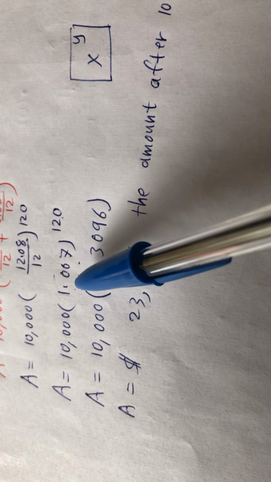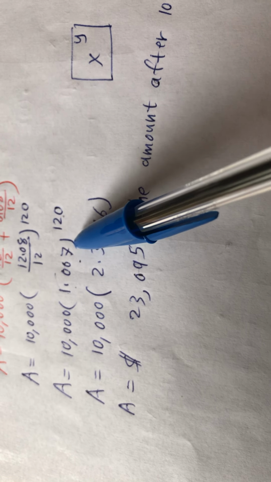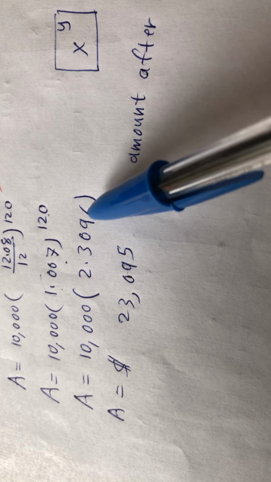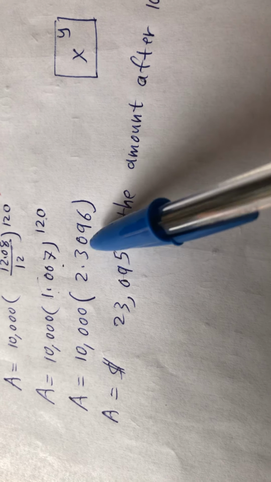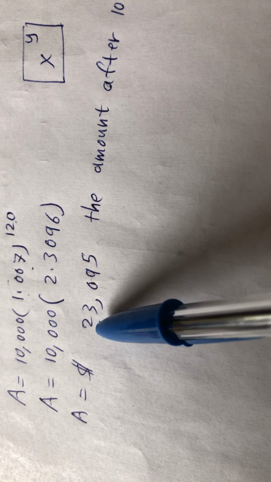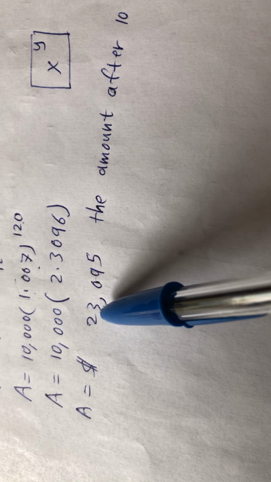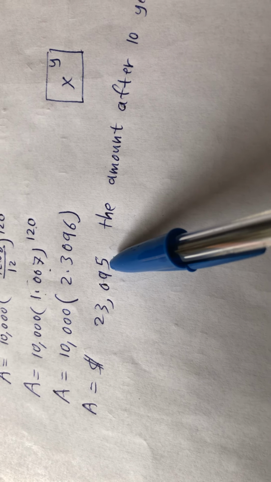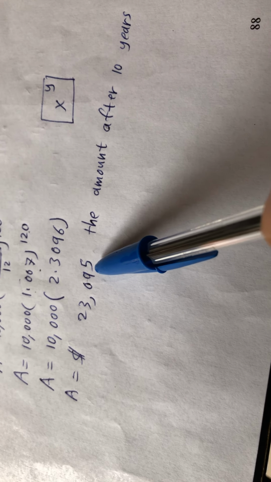So 1.007 to the power 120 equals 2.3096. Multiply this number by 10,000. So we get A equals $23,095. So this is the future amount.